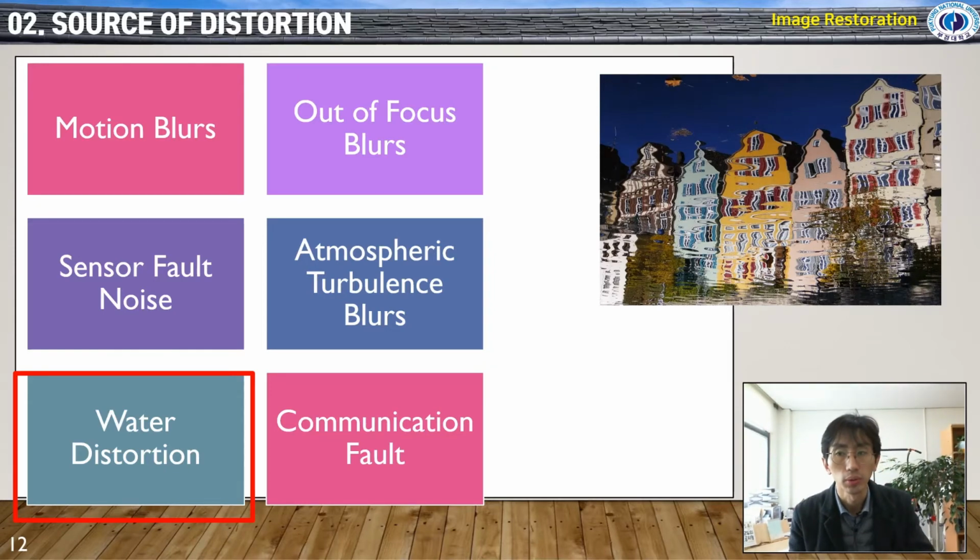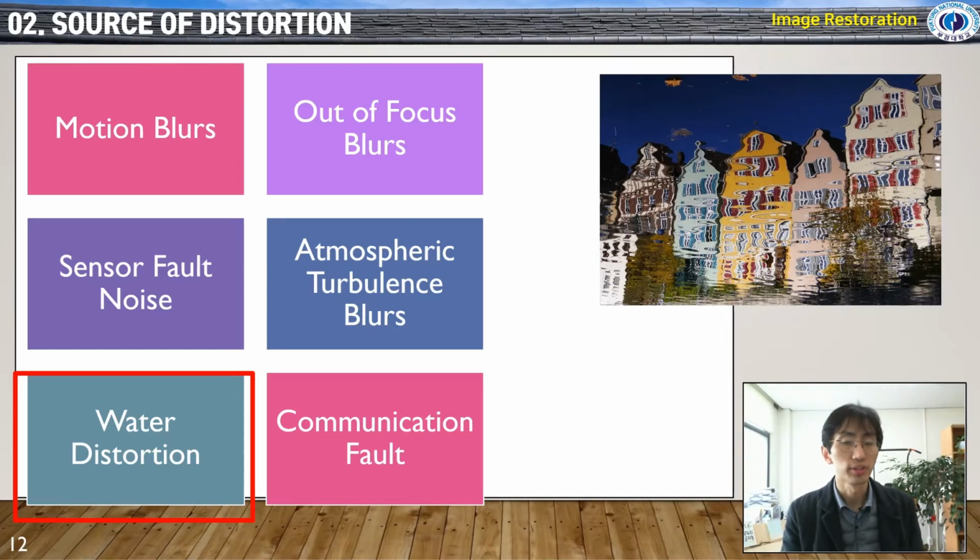Water also can cause distortion. This image is mirrored onto water or a surface. As you see, the buildings and houses mirrored on water are distorted a lot.